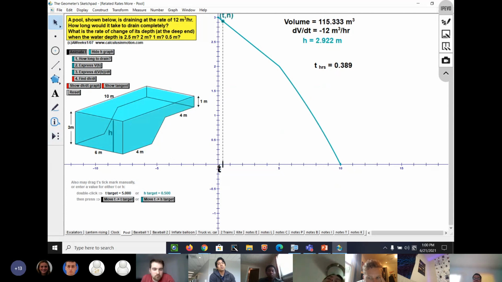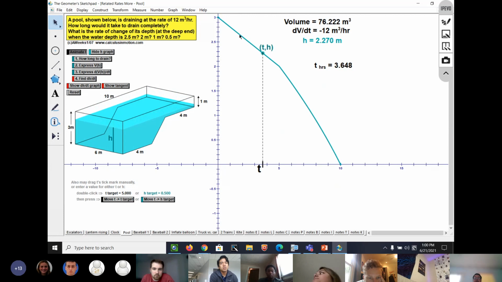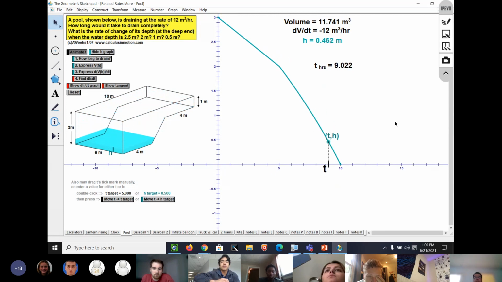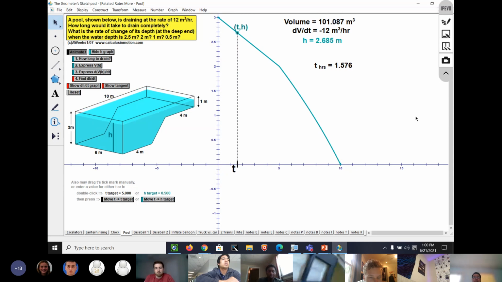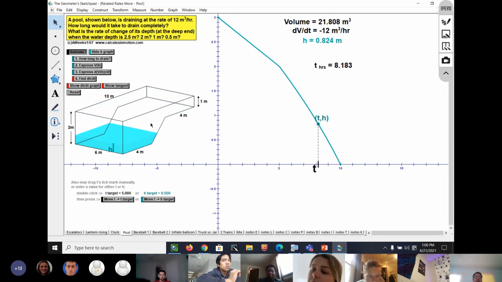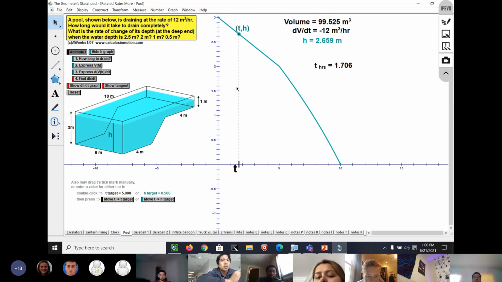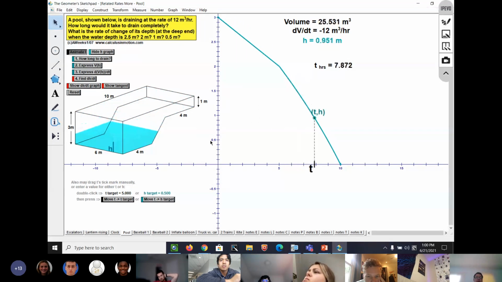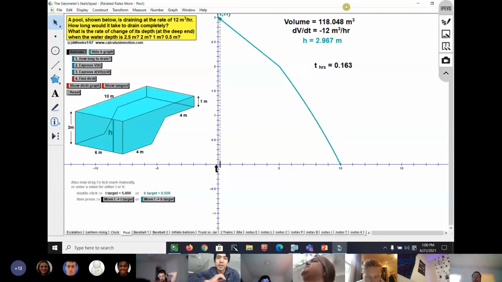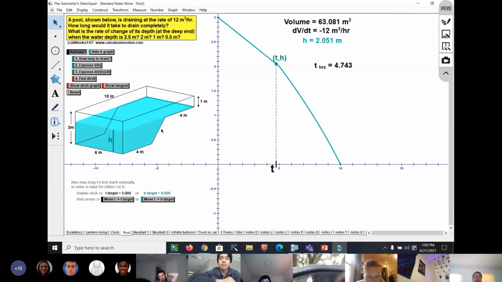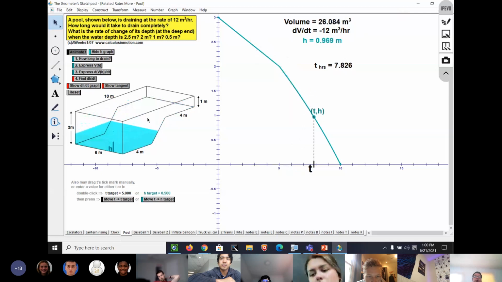As time increases, what's the height of your water doing? It's decreasing. A lot of people say, well, these things are neat. Well, they make your mind start thinking in a different way. Okay? The radius changes for that too, doesn't it? The radius, you don't need the radius in a rectangle.